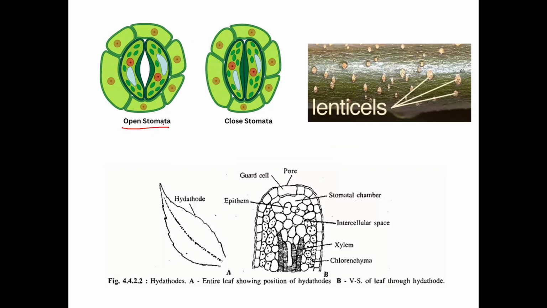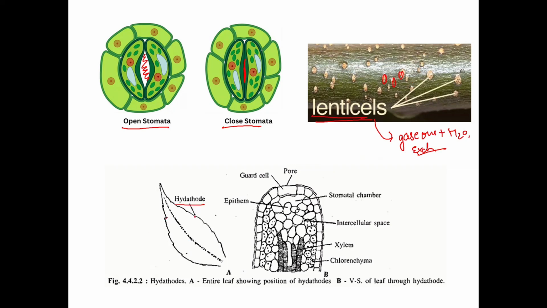So this is an open stomata. Look, this is open. Closed stomata, guard cells closed. These are exposed pores present on the leaf, which help in gaseous exchange. Basically they play a vital role in gaseous exchange plus water loss as well.